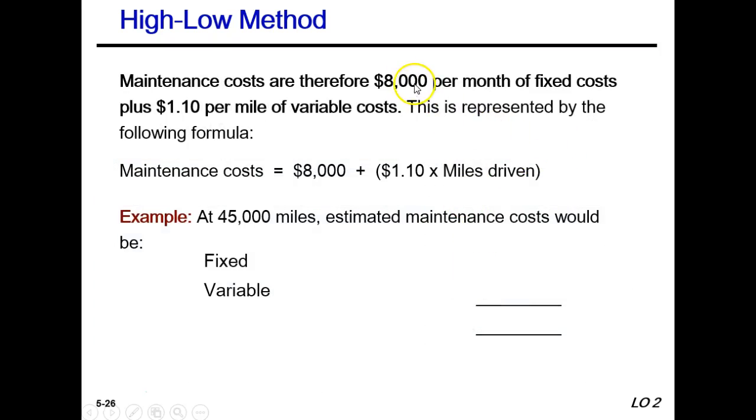Maintenance costs are therefore 8,000 per month of fixed costs plus a $1.10 per mile variable cost. So the maintenance cost is 8,000 plus 1.10 times miles driven. So at 45,000 miles, the maintenance costs are going to be 57,500.